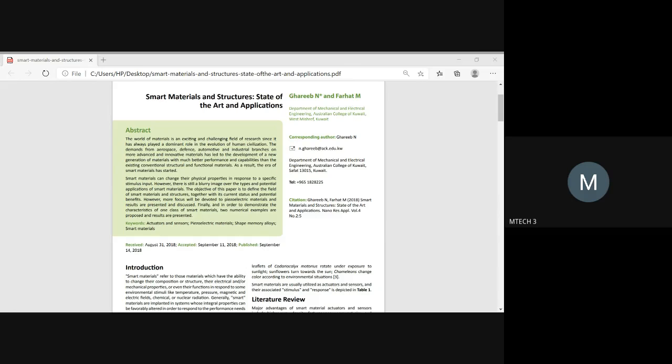Apart from that, we have also studied ER fluid, MR fluid, and electroactive polymers to some extent. All these are again different classes of materials. Here the response and the stimuli to which they change have been given, so based on the requirement, you have to select what is needed.